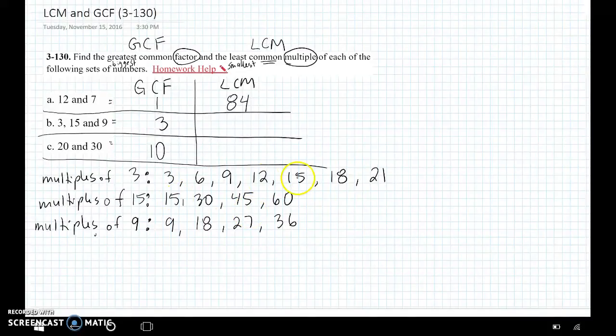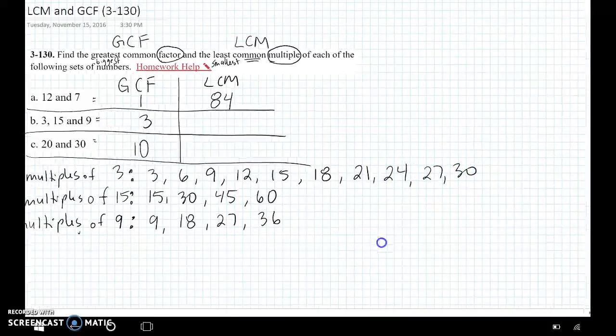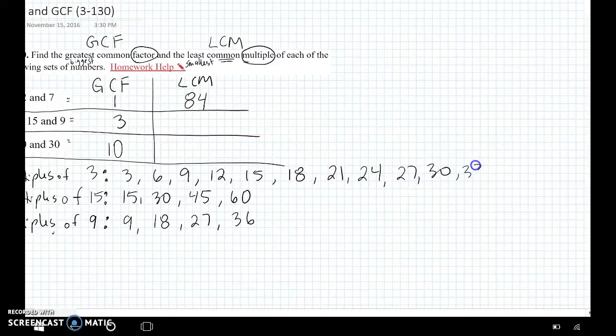So 15 was in common here. 9 is common here, but I need all 3 of them. So let's do some more 3s so 3s can catch up. We need to get 3s up to these numbers here: 21, 24, 27, 30, 33, 36, 39. Nope, don't see any here so far.